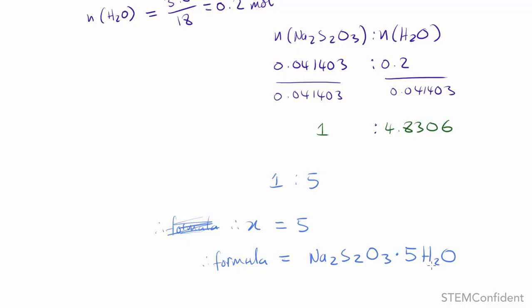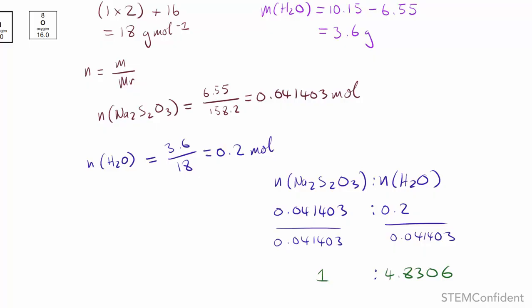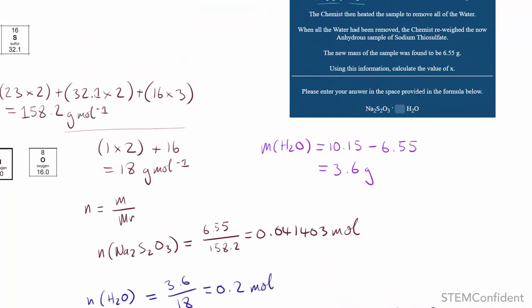So this is what our formula is going to be, and that is our answer, right? So what we can do at this stage is go back to the top and, let me use a different color, we can say that this is going to be a 5 in here, right? Okay.